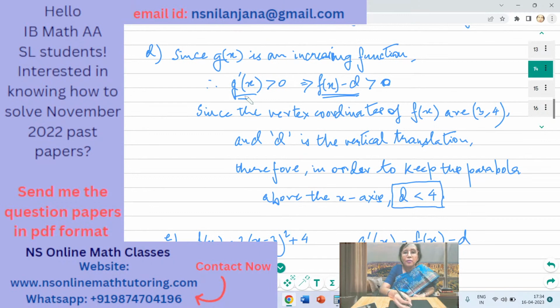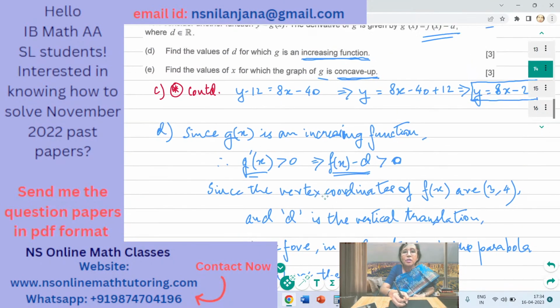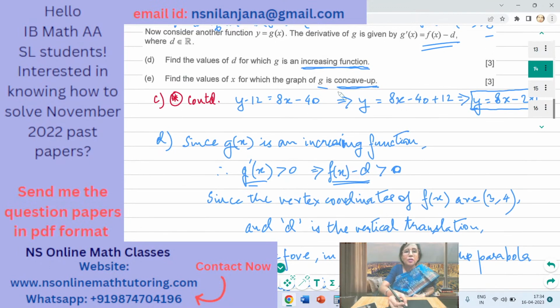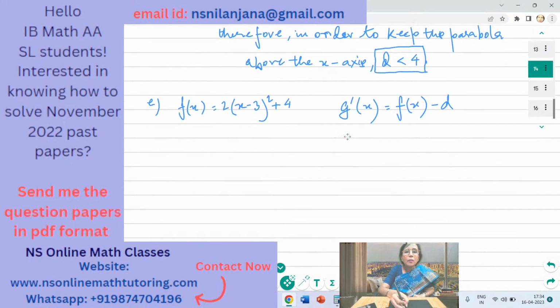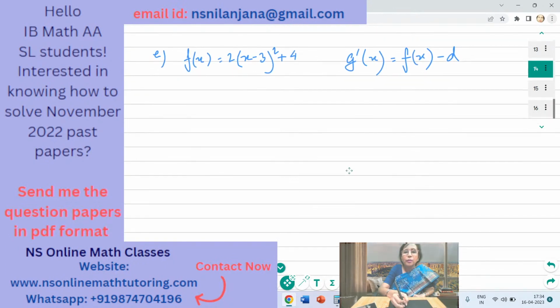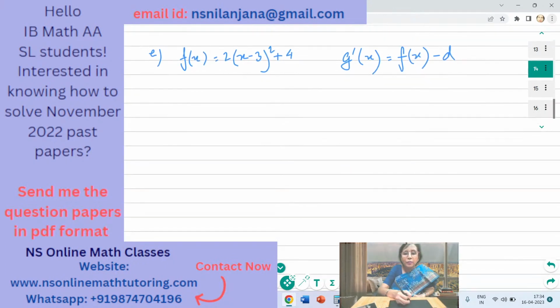Over here also I have written g dash x is greater than 0, so f of x minus D is equal to 0, but still the expression in question, g dash x equal to f of x minus D. So let us write the f of x expression in the g dash x function.